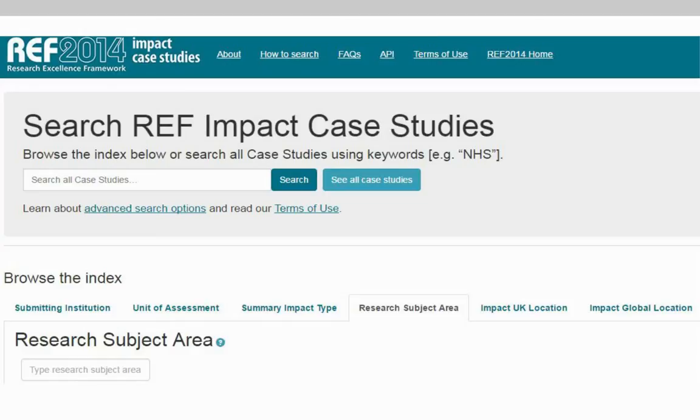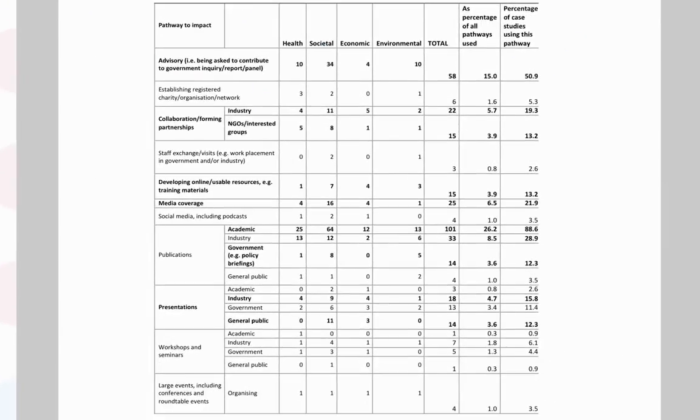It was the first time that impact of research outside of academia was assessed, and they used case studies to assess this impact. They've published this database that you can actually go and search. As you can see, you can just pop a keyword in there and look for your particular area that you are studying in. And it provides you with quite detailed information on the pathways that people took to establish impact and to establish partnerships with organisations.